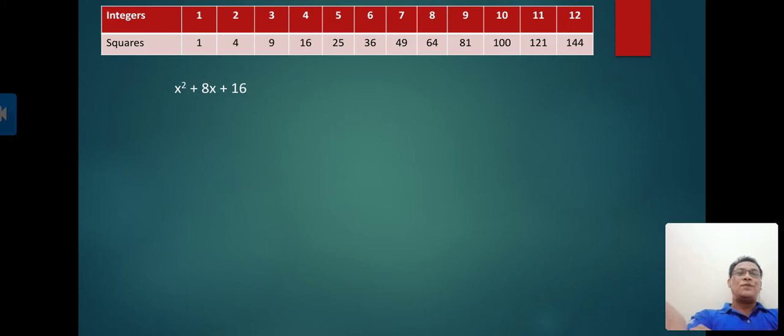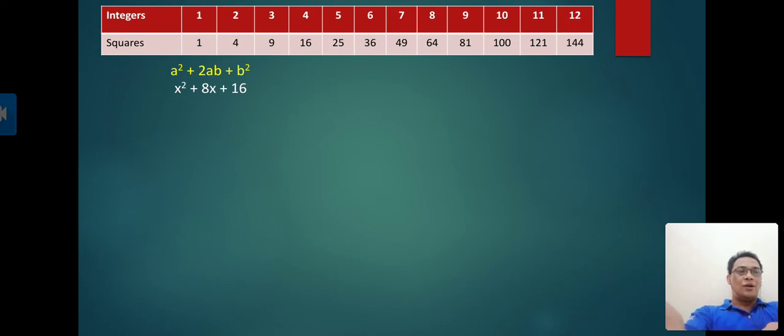So supposing we have here x squared plus 8x plus 16. That will be a squared is equal to x squared, 2ab is equal to 8x, and b squared is equal to 16.